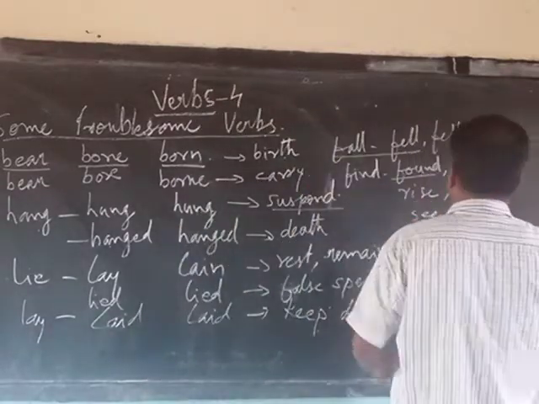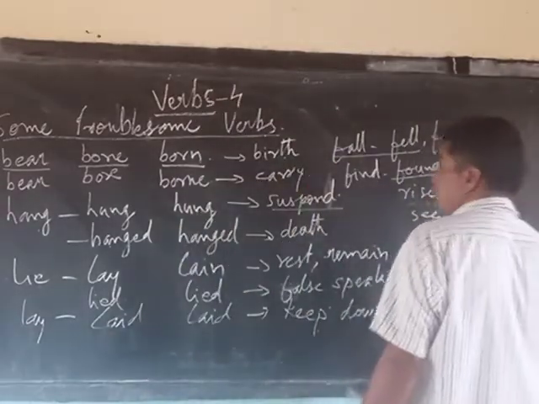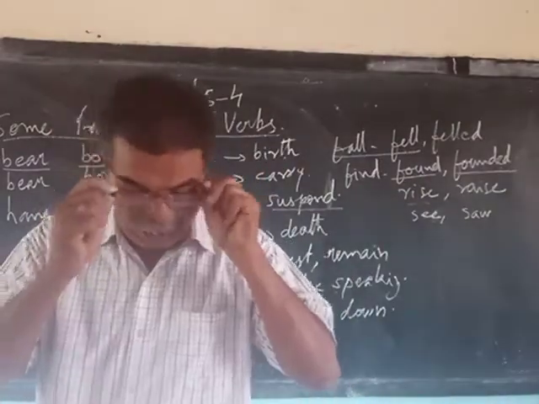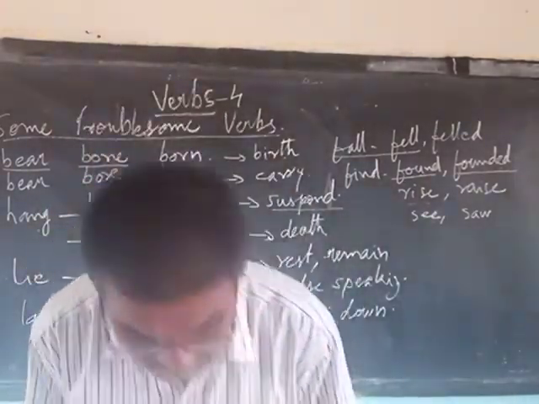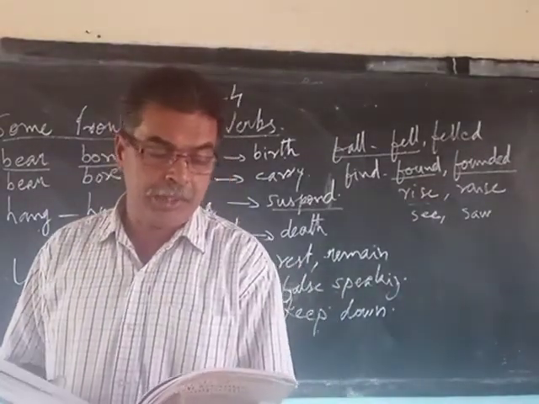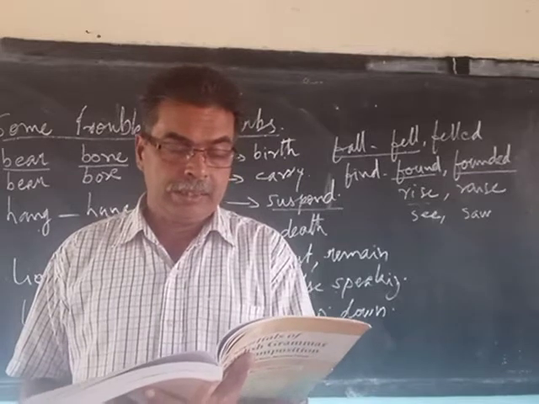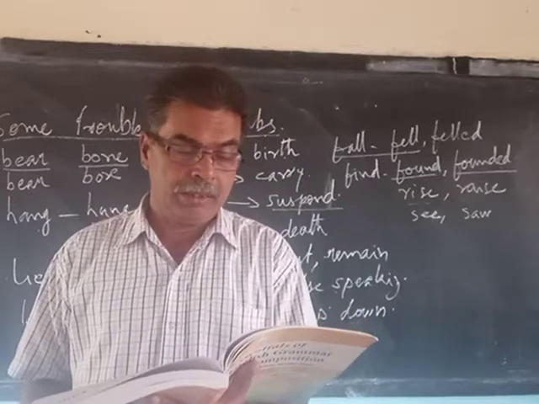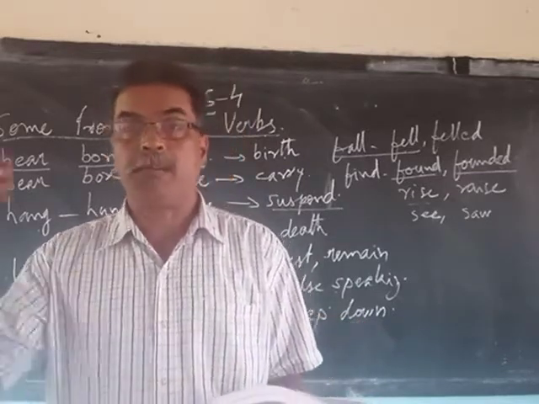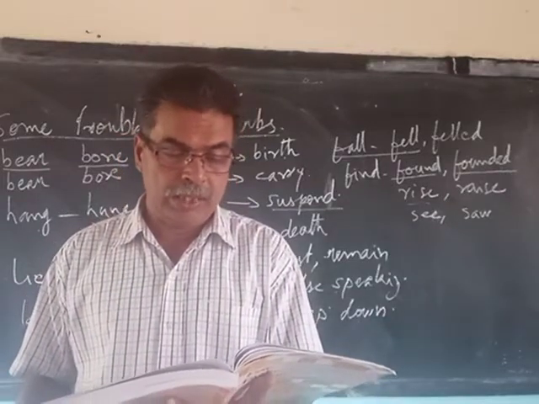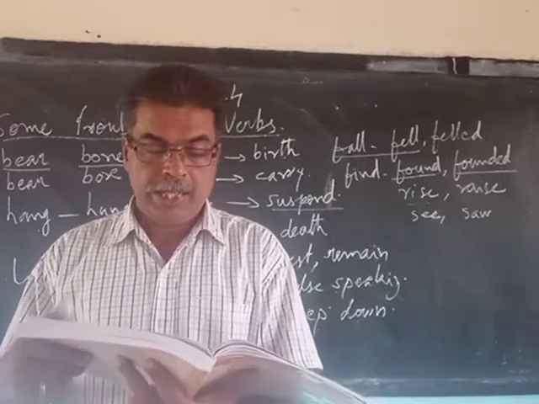Next, rise and raise. Okay. Rise and raise. See what is given here. I will be sending you this material. Rise, rose, risen. That is coming up. Everybody is expected to rise when the chief guest enters the room.